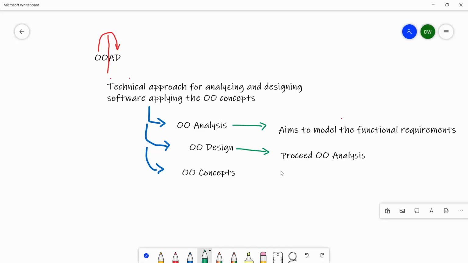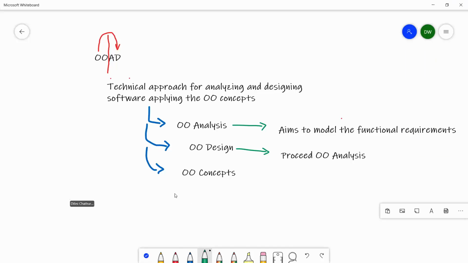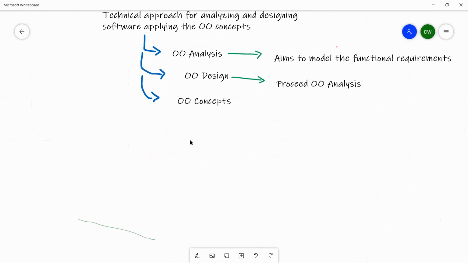So when we are doing this subject, we have a number of diagrams to draw. If you have referred to the common material as well as the previous recap session that I discussed, you will be able to find two approaches of writing or designing software: the structured approach and the object-oriented approach.